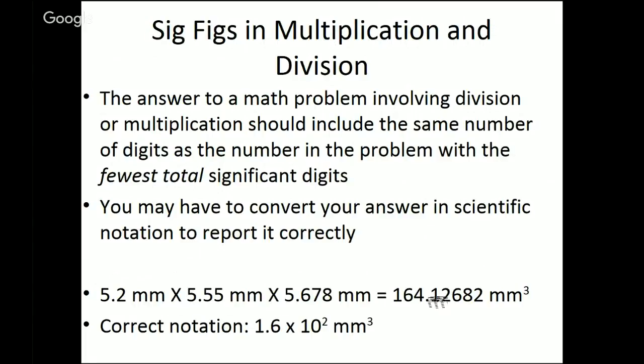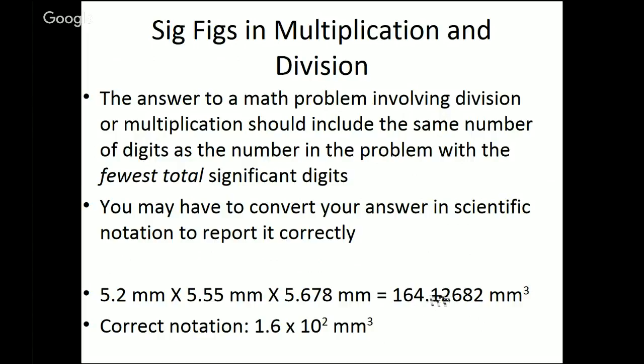Okay, now let's look at this problem. If you type this problem into your calculator, it's going to crank out this big nasty number here, 164.126, blah, blah, blah. So how do you put this in a form where you are only reporting 2 sig figs? Well, in this case, you're going to have to use scientific notation. You can't just put down plain old 1.6 because the quantity here is 164, and there's a big difference between 164 and 1.6.